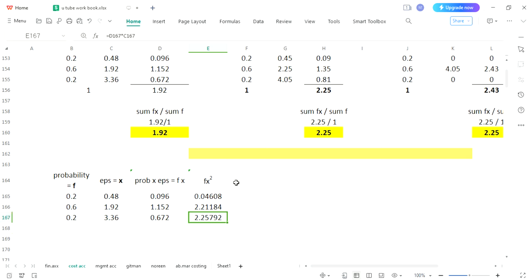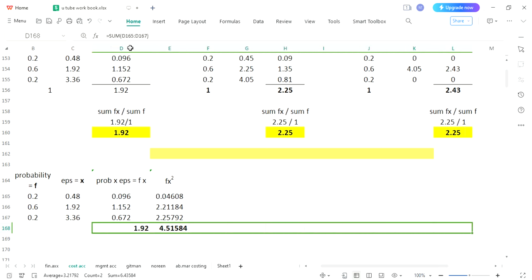You are here needed to calculate sum of fx square. Just take sum and get help from Excel. We have got the total, and sum of fx is also needed, which was already calculated earlier. So 1.92. All right, let's centralize them. Look, presentation is more important than the question.